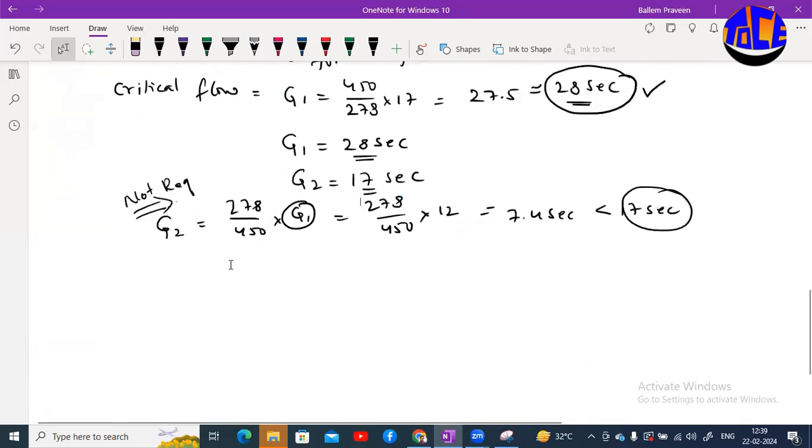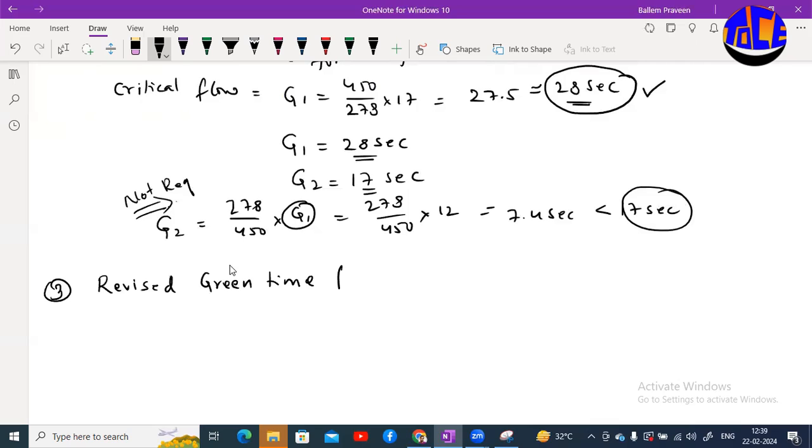Now let us go to the third step, that is, we need to revise the green time based on the total cycle time, because in the total cycle time the clearance amber times and intergreen times will be added. So based on that we have to revise this G1 and G2. So the revised green time for the traffic signal.